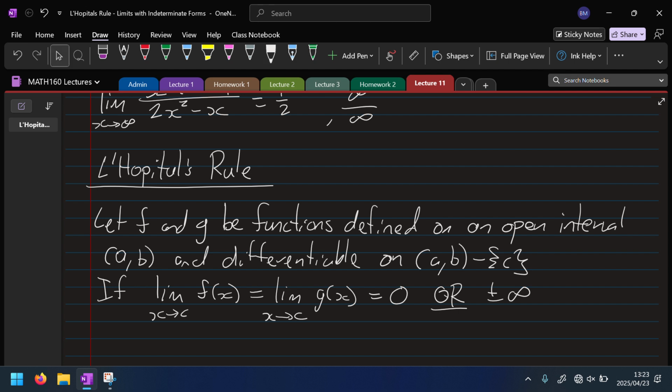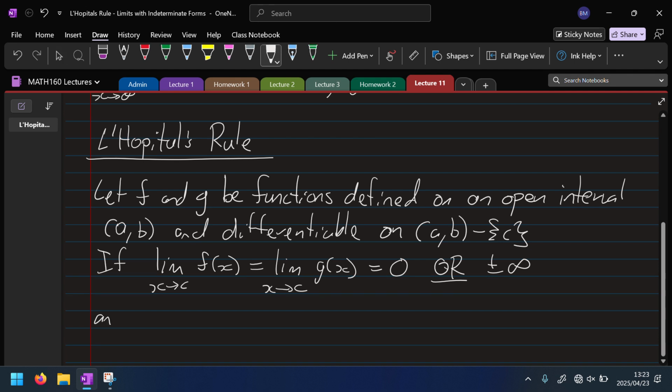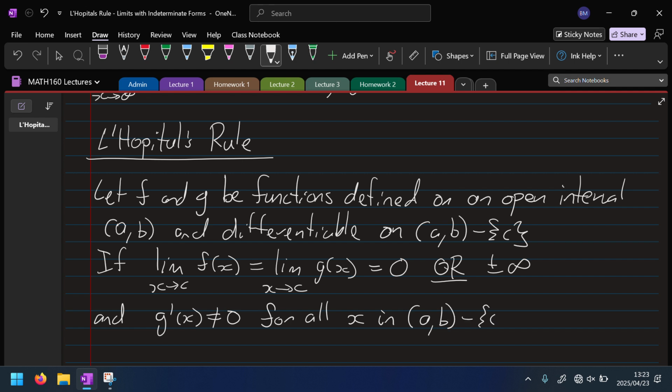If that's the case, and g prime of x is non-zero for all x in (a, b), again minus this point c. So g firstly must be differentiable on that interval, maybe not at c, so we remove that. It must also be non-zero on that same interval. So differentiable on the interval, and non-zero on the interval. You have to check that. If that's not true, then you can't use this.